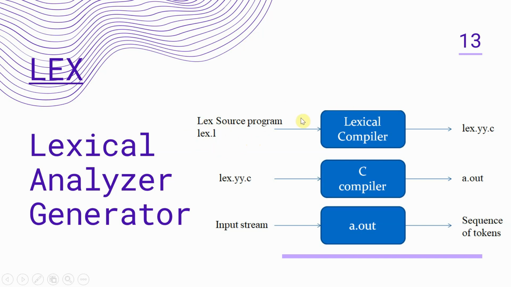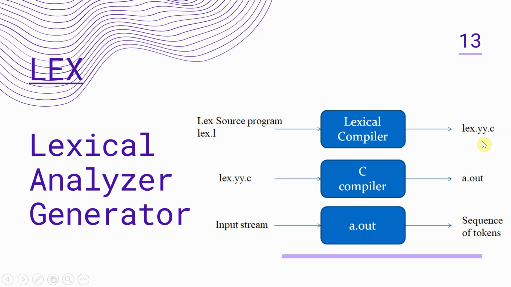We'll see the structure of a Lex program in the next slide. We give this Lex program to the Lex compiler, and it will give output in the form of a .c file. When you give a .l file to the Lex compiler, it will generate lex.yy.c.